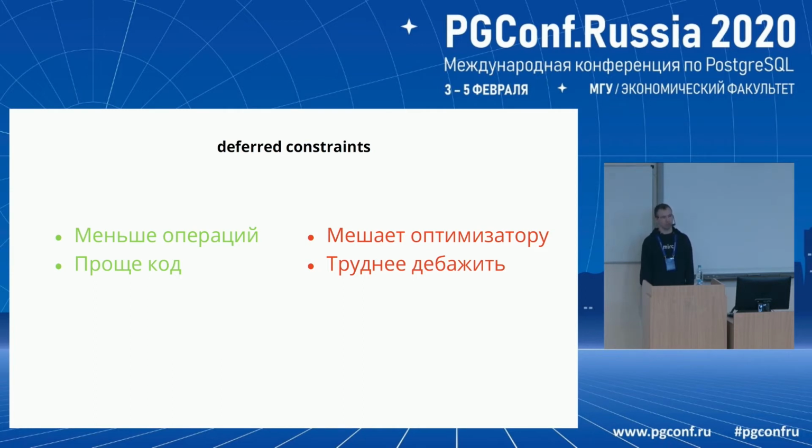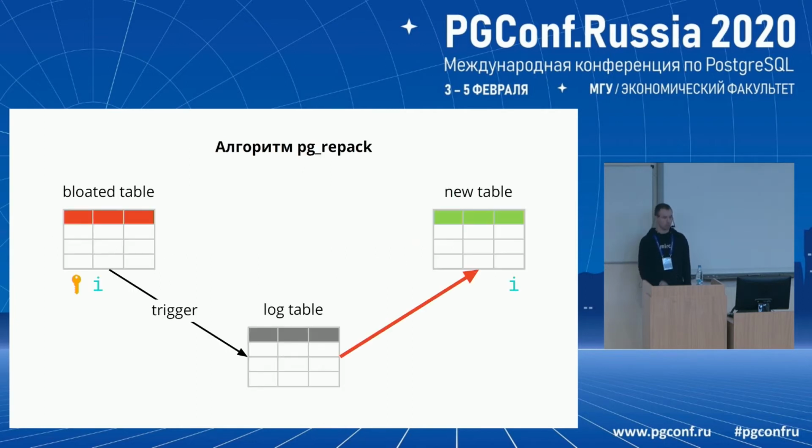Sometimes the optimizer cannot build a more optimal plan if there are deferred constraints. And also the debug process gets more difficult because when there is an error and when you get information about this error, they are different. Now I think you understand what it's all about, so the check is being performed later than the command.